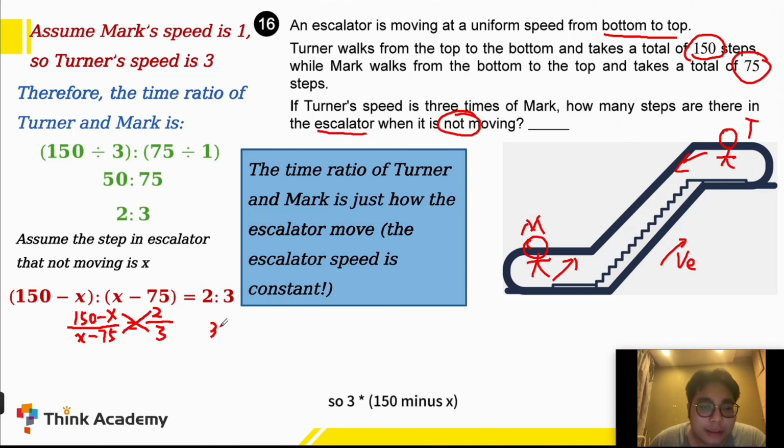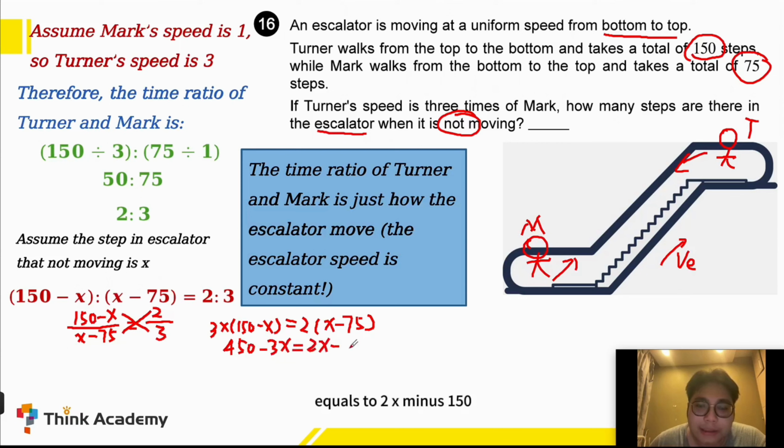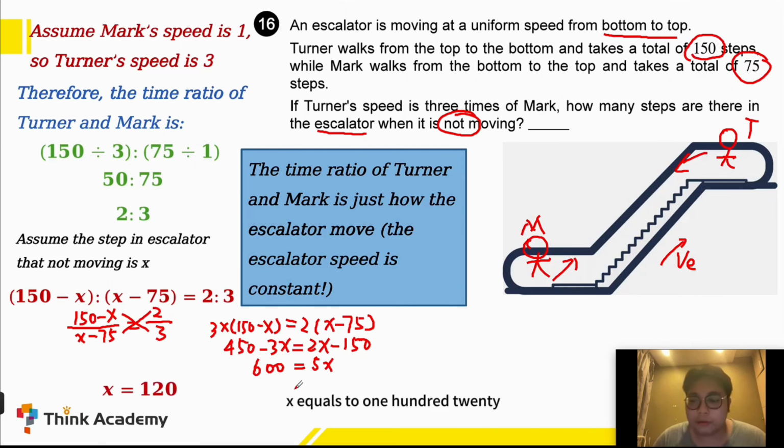So 3 times (150 minus x) equals 2 times (x minus 75). This becomes 450 minus 3x equals 2x minus 150. Then moving terms, it becomes 5x equals 600. So we can find x equals 120.